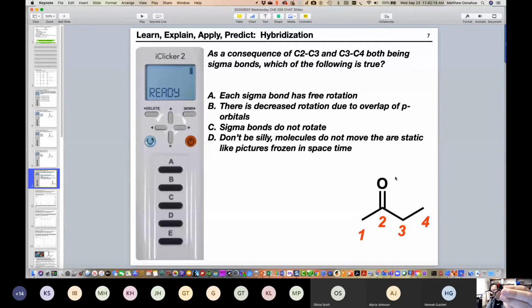Right now my left hand is holding the methyl group. Then over here you have the other methyl and then the methylene. So I'm holding C2 in my left hand, C3 in my right hand, and I can rotate about that bond. I can also rotate about 3 and 4. So the sigma bonds rotate super fast.